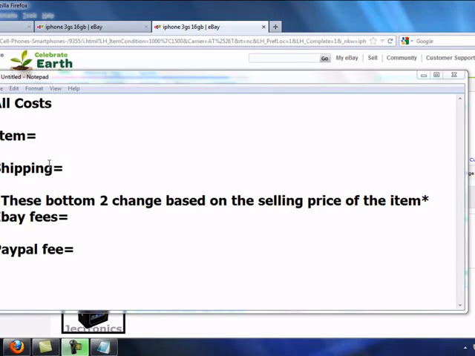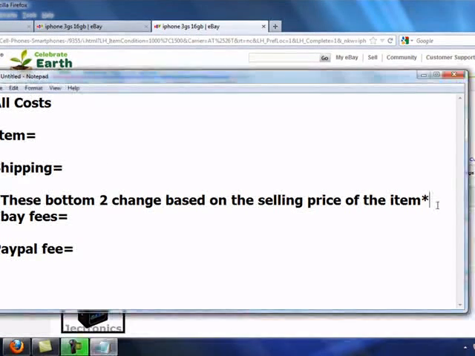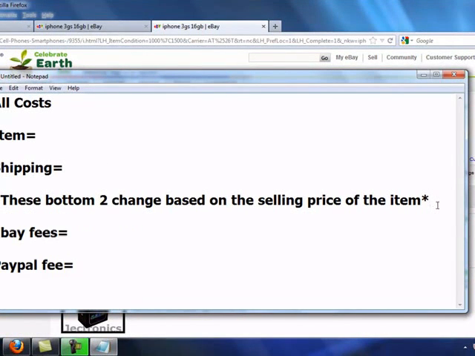And then for the shipping here, what I will put is how much it costs me to ship to the customer. So the bottom two, the eBay fees and the PayPal fee, these two change based on the selling price of the item.